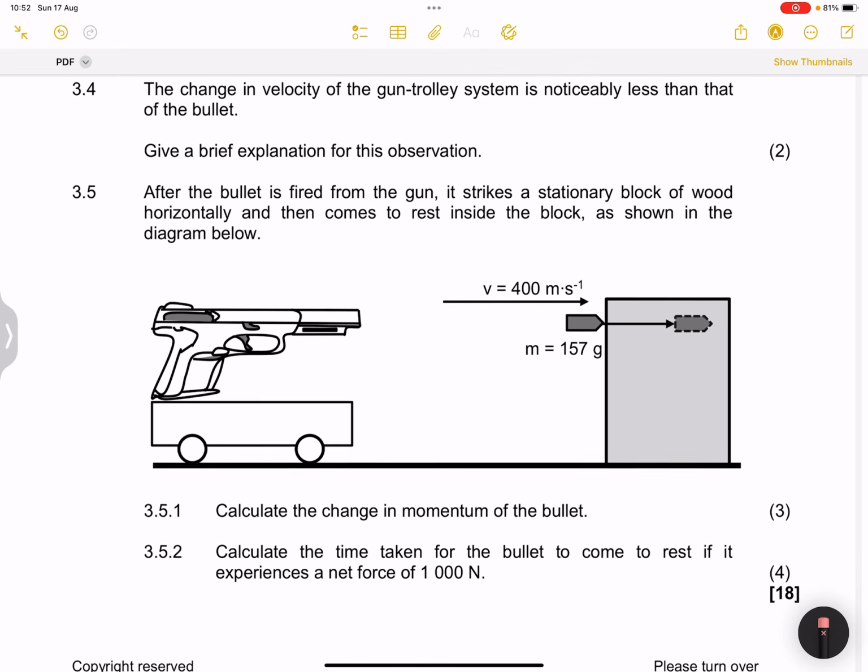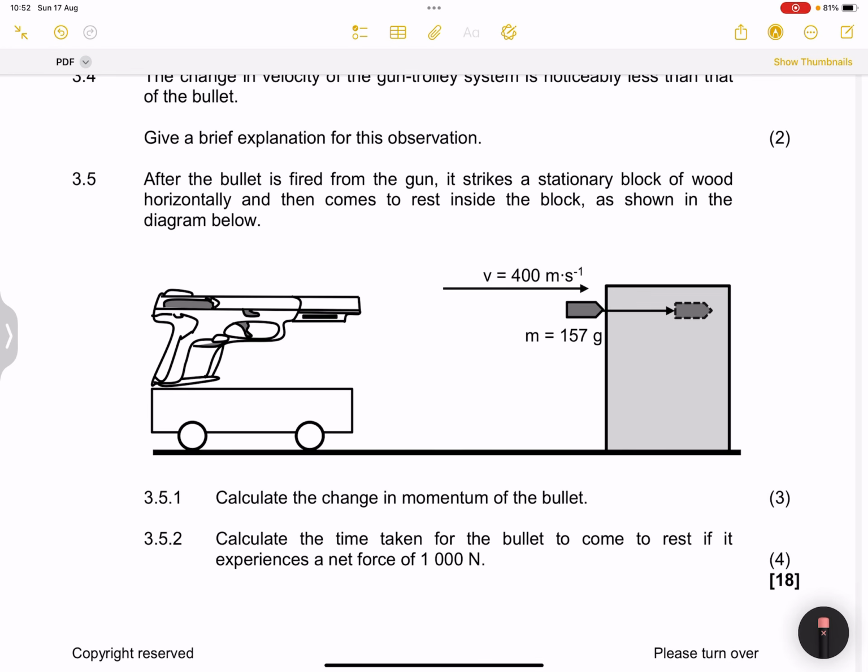As we go on to the next question, they say after the bullet is fired from the gun, it strikes a stationary block of wood horizontally, and then comes to rest inside the block, as shown in the diagram. They say to us, calculate the change in momentum of the bullet.